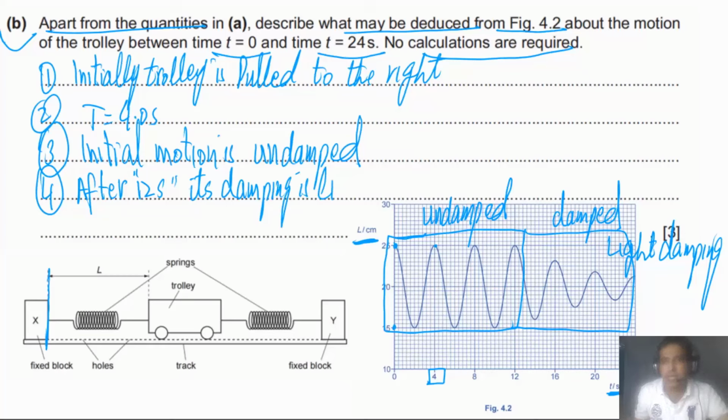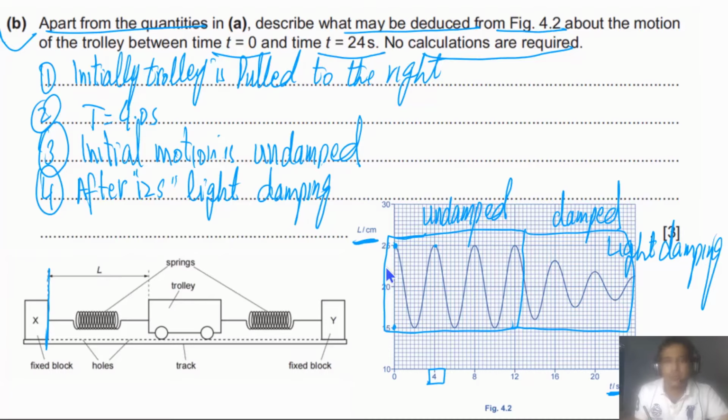Or simply we can say after 12 seconds light damping. So in simple language you can say after 12 seconds light damping. It's an easy way to write it, which means the motion is damped.